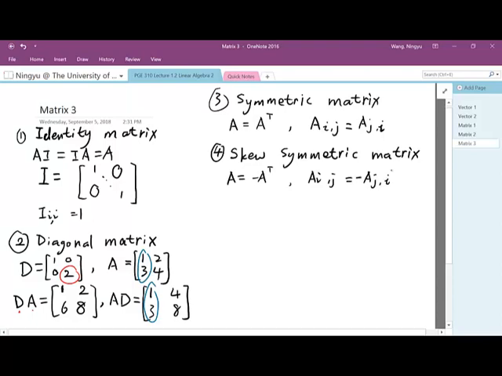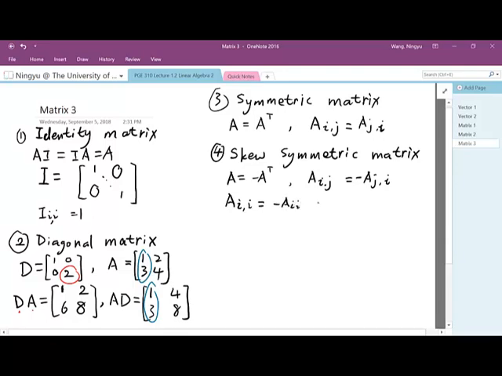From here, did you notice something? Let me write it more compactly: A_ij equals minus A_ji. Did you notice something? What if i equals j? If i equals j, then A_ii equals minus A_ii.